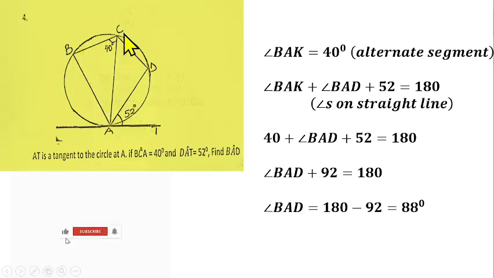That means the total angle BCD plus the total angle BAD will be 180 degrees, because opposite interior angles of a cyclic quadrilateral are supplementary. So 40 plus 52 gives us 92. If we remove 92 from 180, that gives us this angle here, which is also 88 degrees. So that's another method of solving the question.